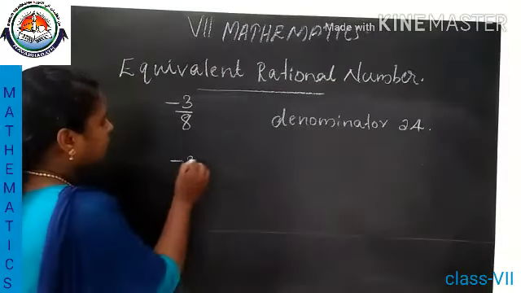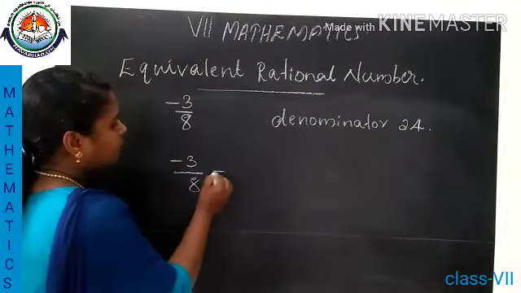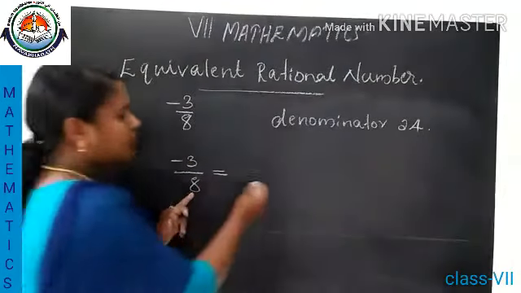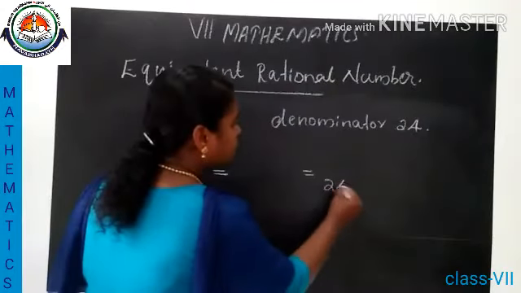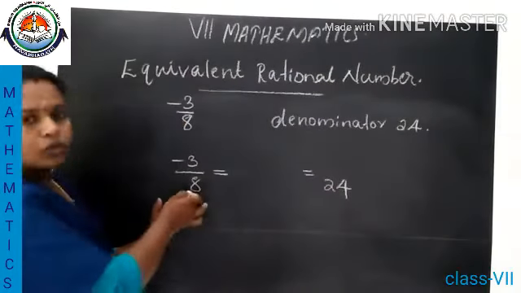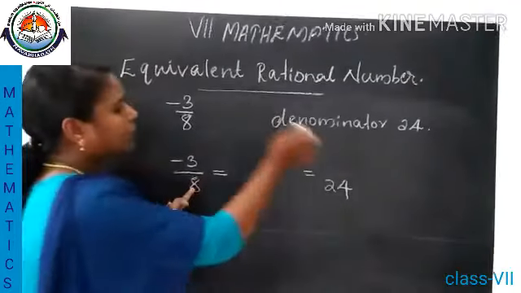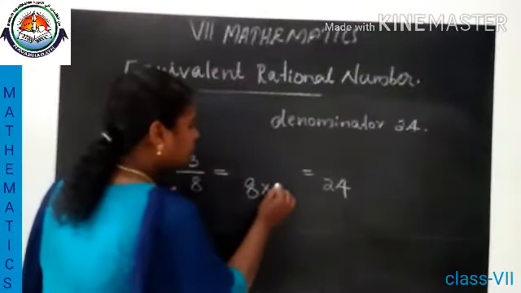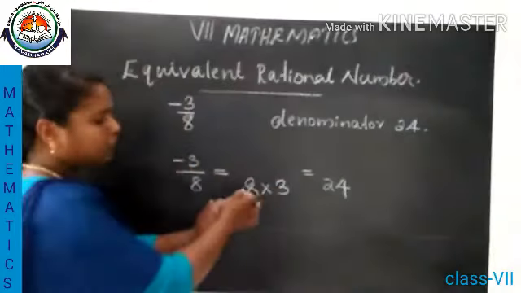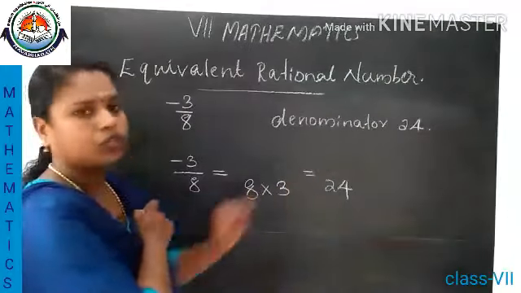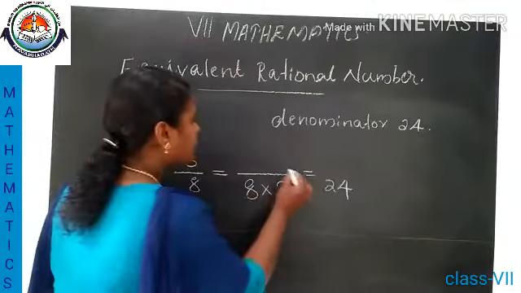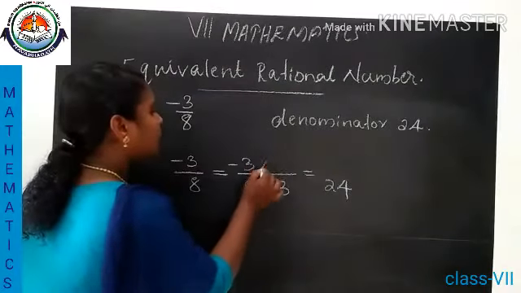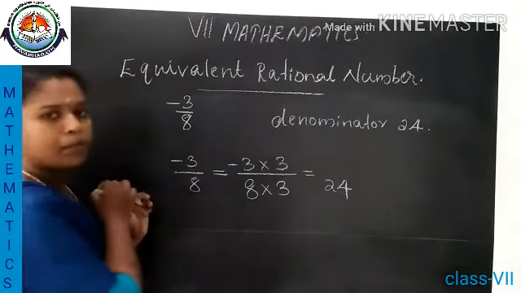Listen, negative 3 by 8. We need to change this 8 into 24. So we need to multiply this 8 with 3. 8 into 3 is 24. We have to multiply the numerator also with the same number.